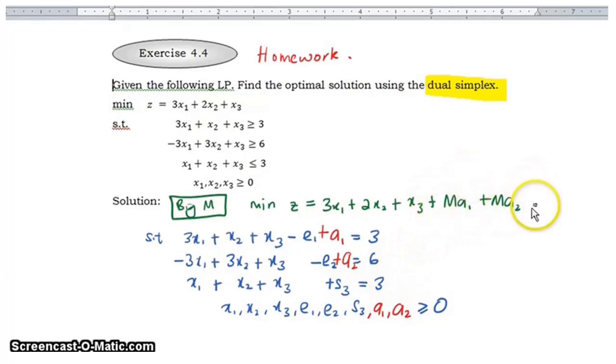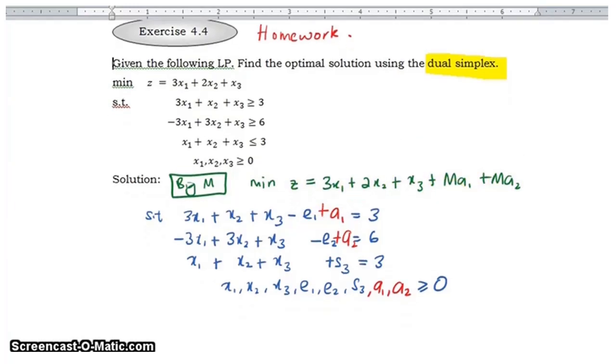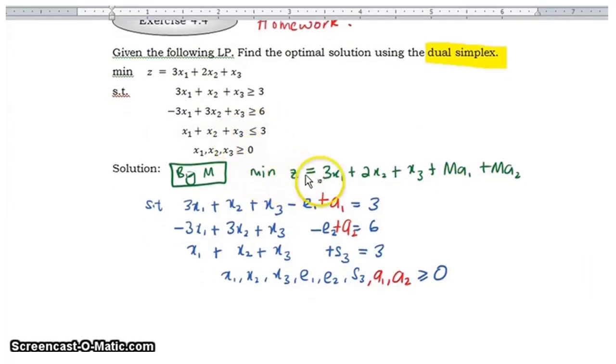Because we need to penalize the objective function by adding MA1 and MA2 if the problem is a minimization problem.